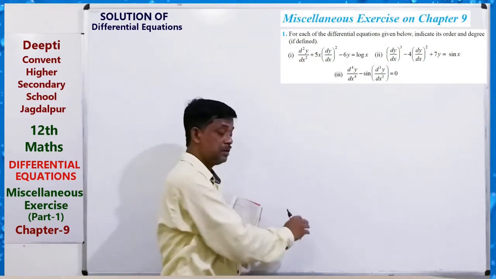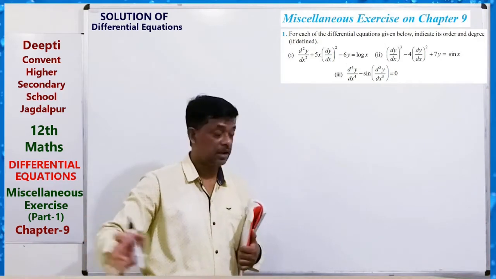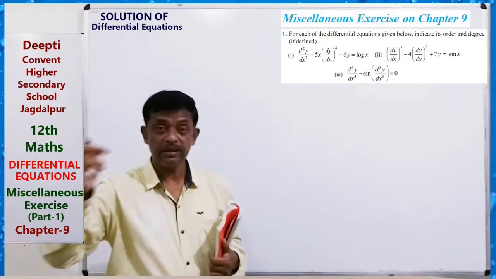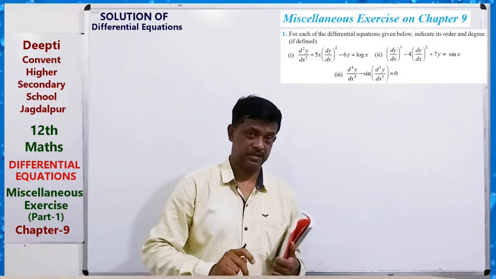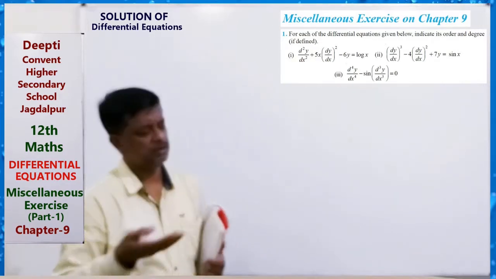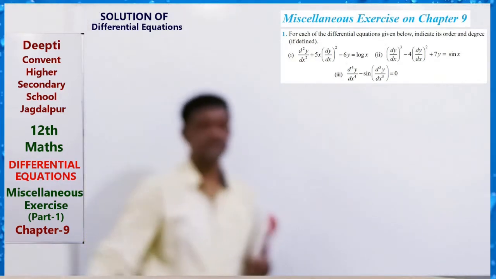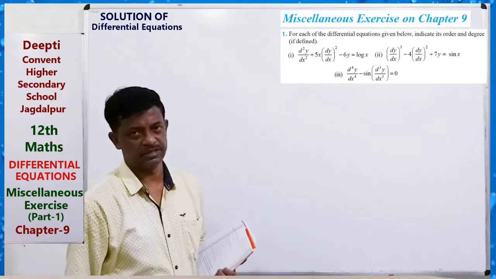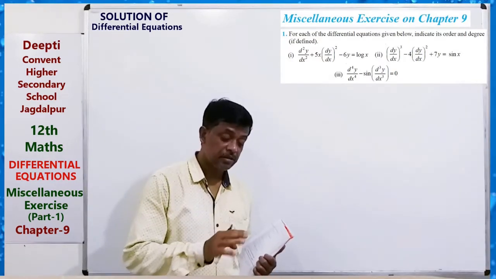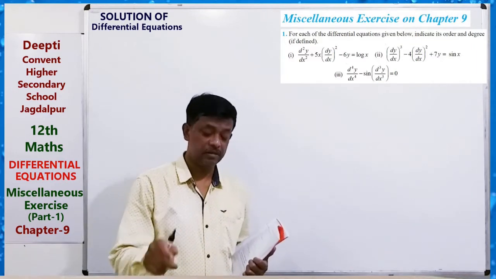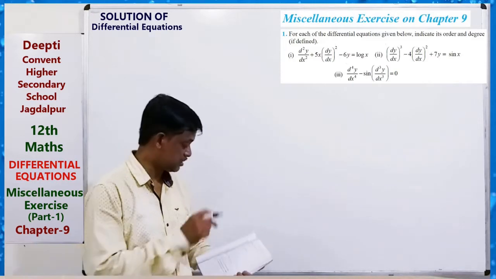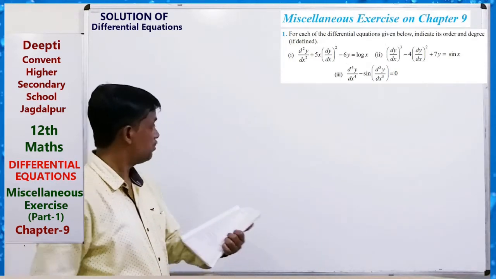Then the degree will be defined. Order is the highest order derivative present; for defining degree, the equation must be polynomial in derivatives.